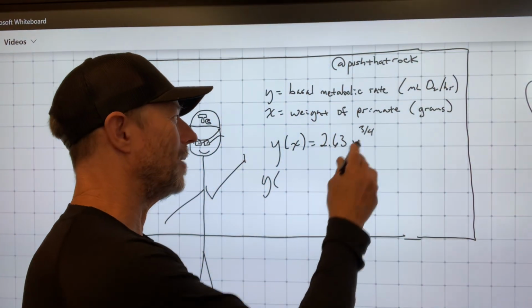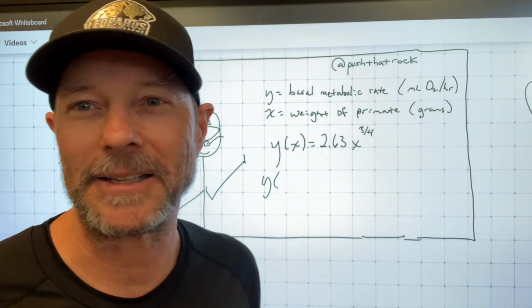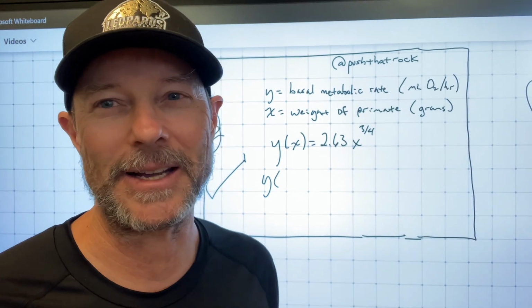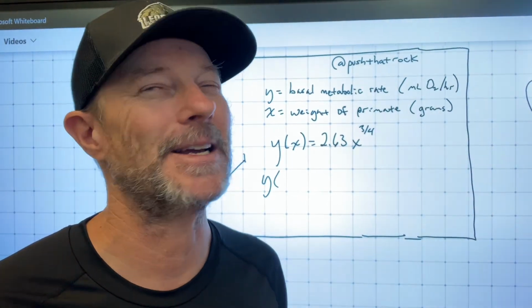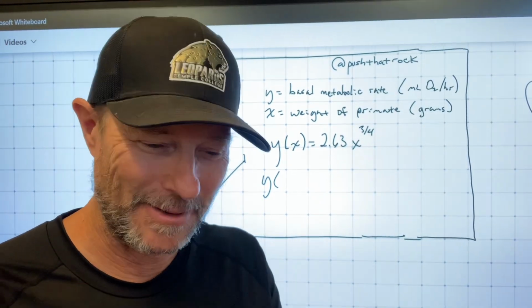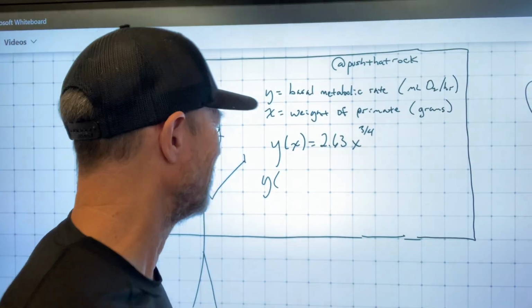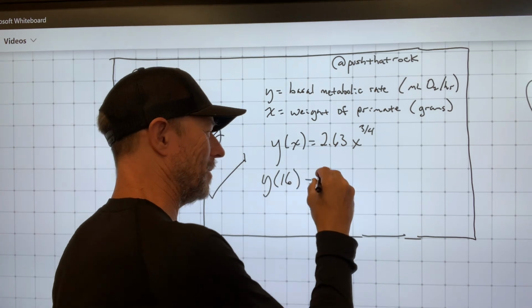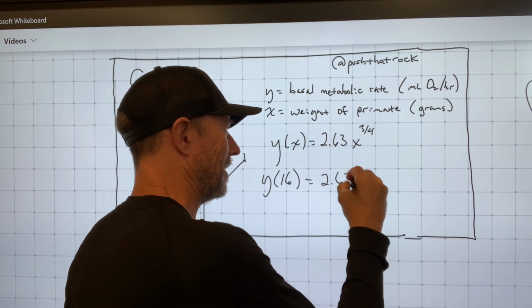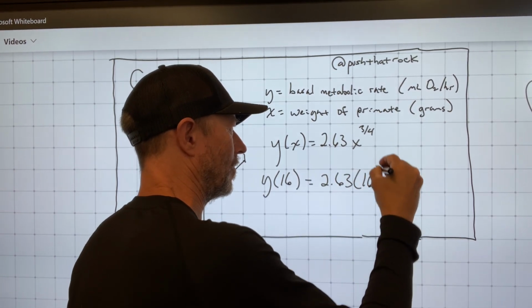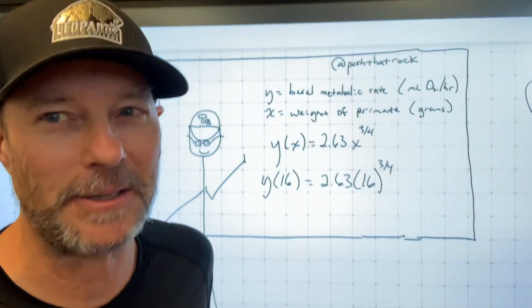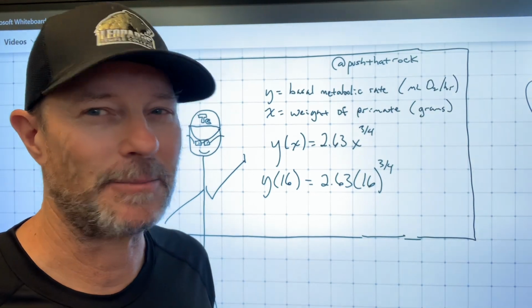So let's say there's a primate out there that weighs 16 grams. Is there one? 16 grams seems kind of small. Well, there are some small primates, I guess. So pretend there's a primate that weighs 16 grams. That means I'm gonna put in 16 as my input and find out its metabolic rate in milliliters of oxygen per hour.